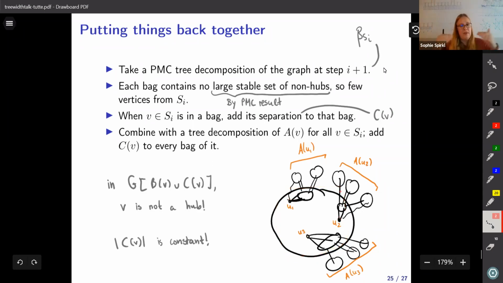Because recall from the very beginning, if a PMC has many vertices, then one of them is a wheel center, but none of these are. So that tells us that in the tree decomposition for the middle part, we only need to correct each bag by a constant amount to account for putting these things back where they belong.